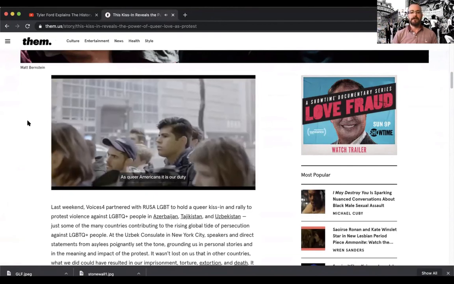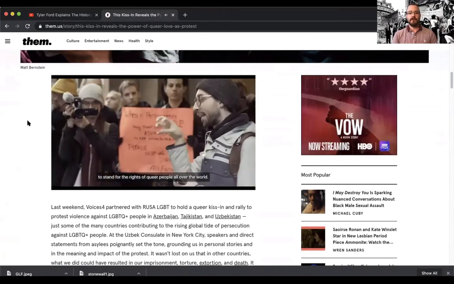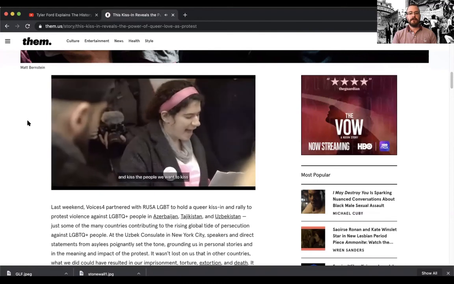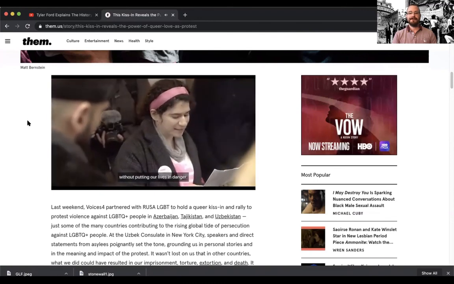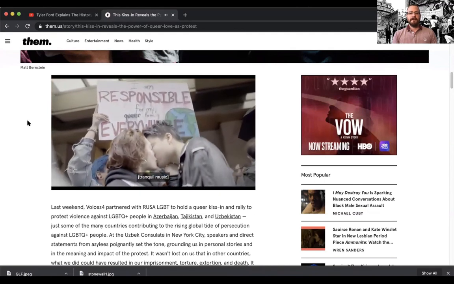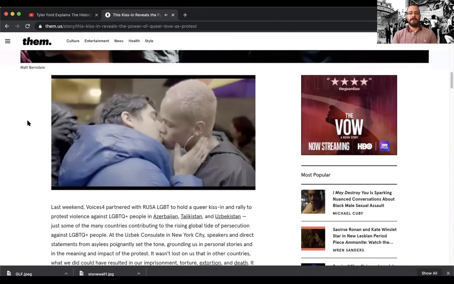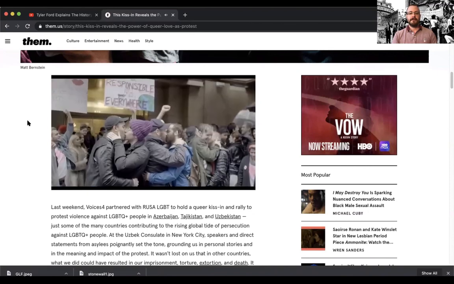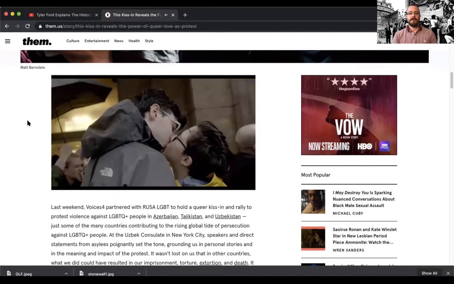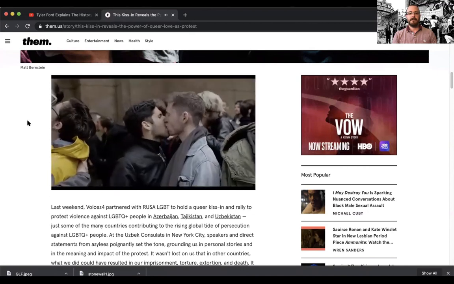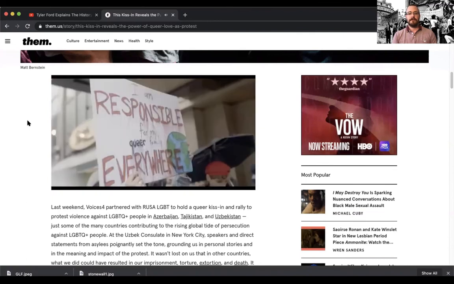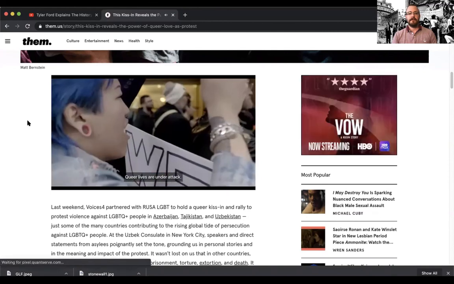As queer Americans, it is our duty to stand for the rights of queer people all over the world. And it is by an act of affirmation that we have the privilege to stand here today and kiss the people we want to kiss without putting our lives in danger. Queer lives are under attack.